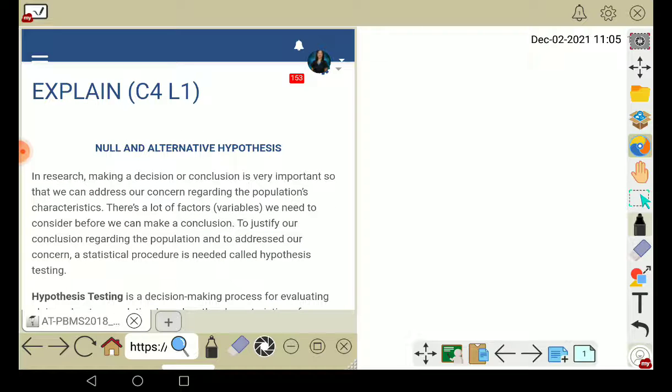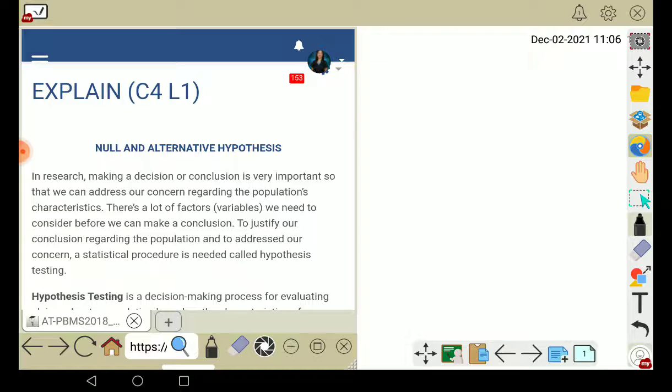So in research, making a decision or conclusion is very important so that we can address our concern regarding the population's characteristics. There are a lot of factors, or what we call variables, we need to consider before we can make a conclusion. To justify our conclusion regarding the population and to address our concern, a statistical procedure called hypothesis testing is needed. Okay, so when we say hypothesis testing, of course, there is always the null hypothesis.